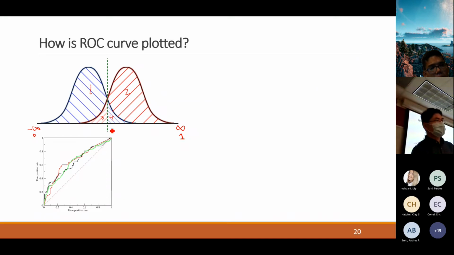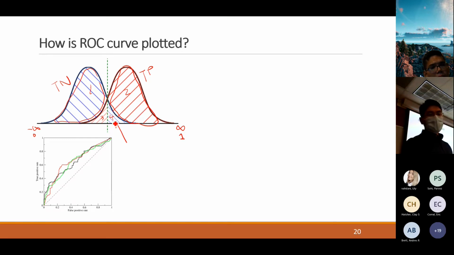So the prediction will be positive if it is to the right of the line. To the left of the line, all the predictions will be negative. So for these areas, these are the true positives. The dark green areas are true negatives. And what is this?